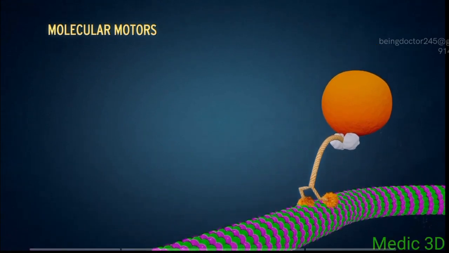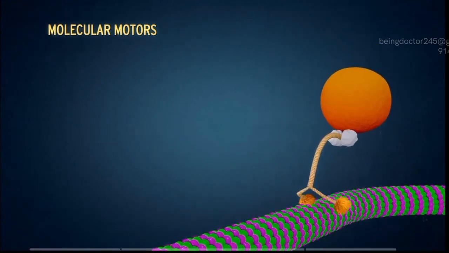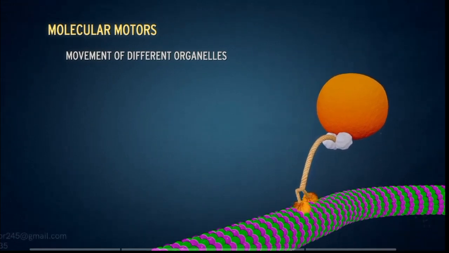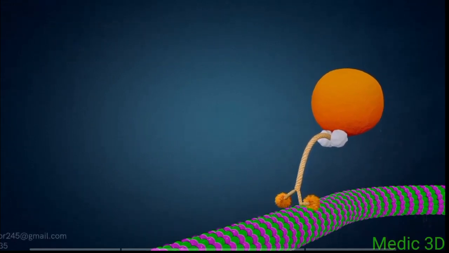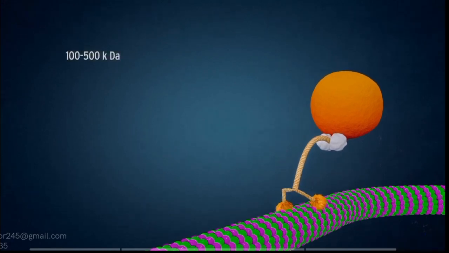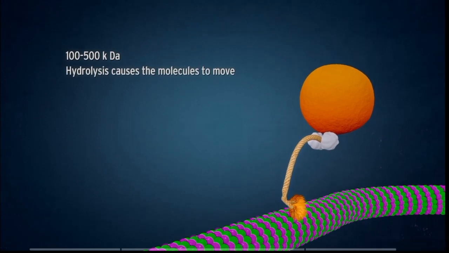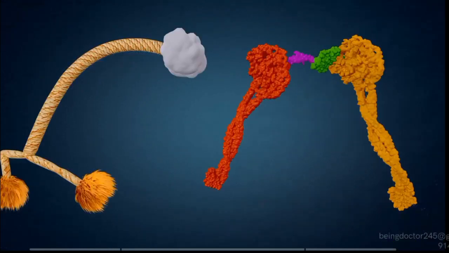Molecular motors. The molecular motors are motor proteins involved in movement of different organelles and proteins to other parts of the cell. They are ATPases of 100 to 500 kilodalton, and its hydrolysis causes the molecules to move. They are classified into two types based on their association with the cytoskeletons: those producing motion along the microtubules and those around the actin.